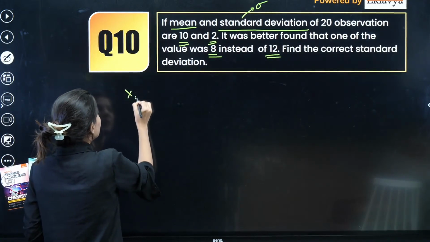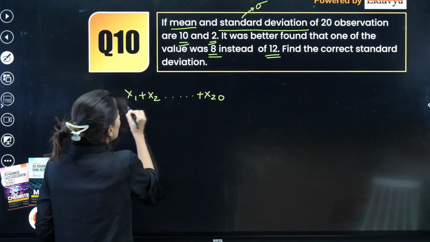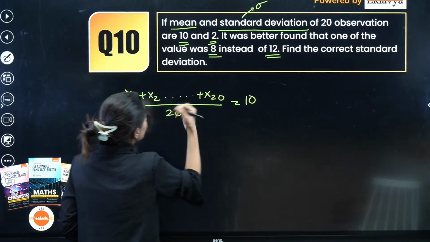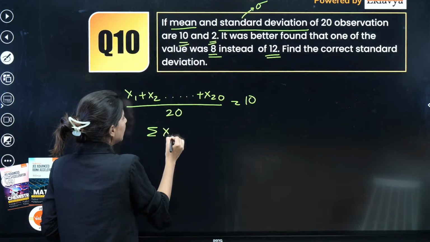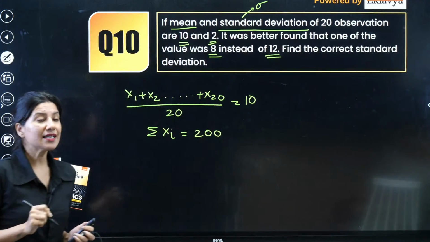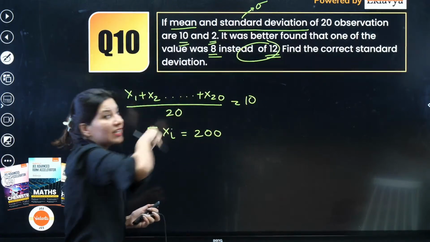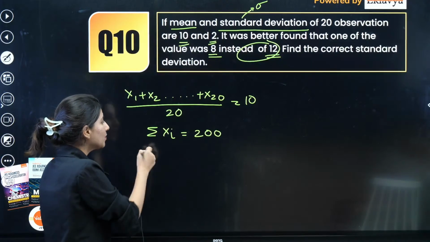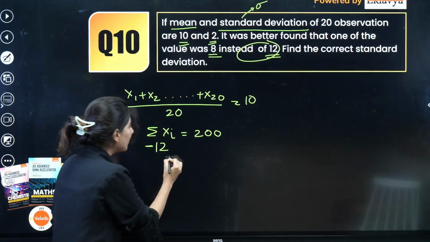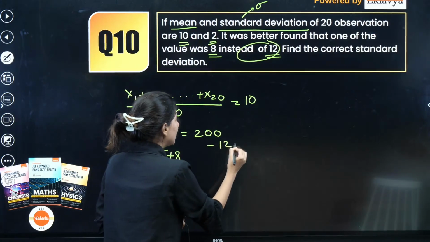So how to do such questions? x1 plus x2 and all the way up to x20, whole upon 20, is the mean, which is 10. That means sigma xi is 200. Instead of 12, by mistake they have taken 12. So I subtract 12 and add 8 on both sides: minus 12 plus 8.